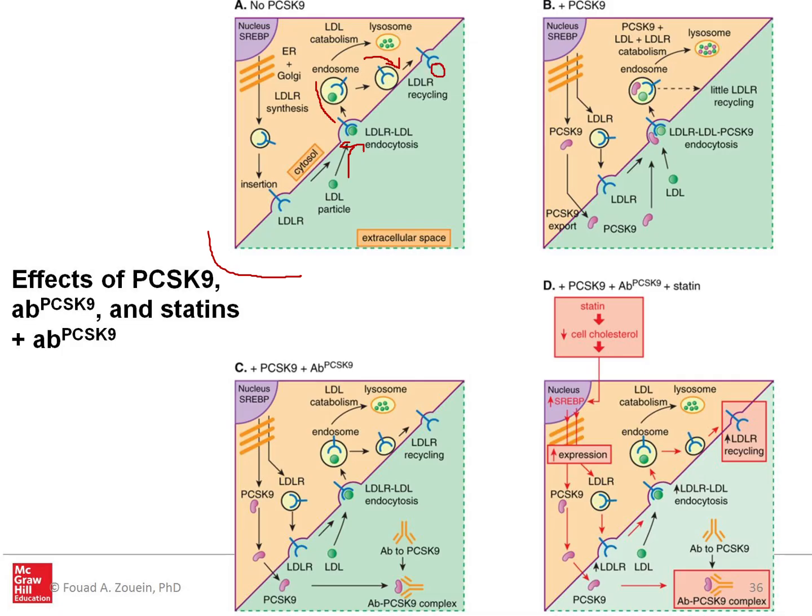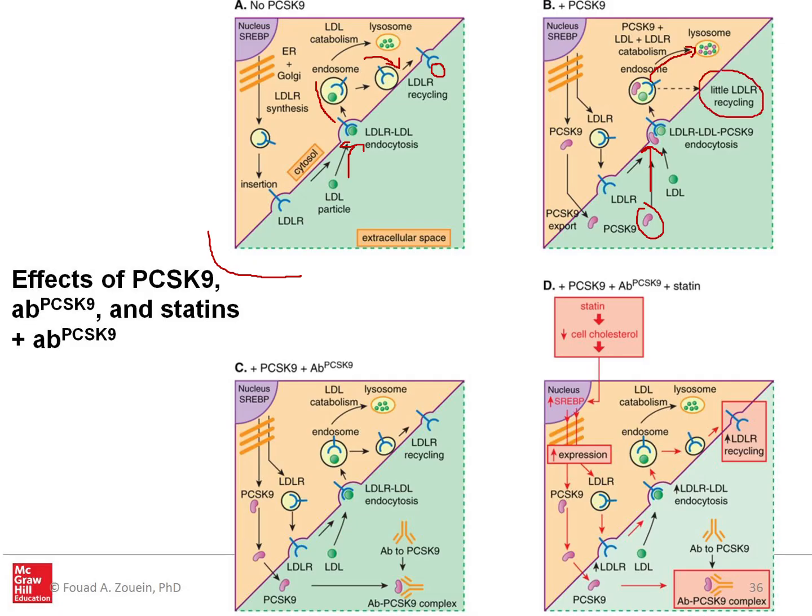Well, this is the case in the perfect world when you don't have PCSK9. But with the presence of PCSK9, which normally exists, what happens? The PCSK9, this one, binds to the receptor with LDL. It internalizes the receptor by endocytosis, and the receptor and the particle will go into the lysosome to be degraded. What happens at this point? You decrease LDL receptor recycling.